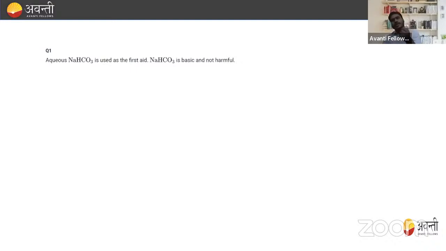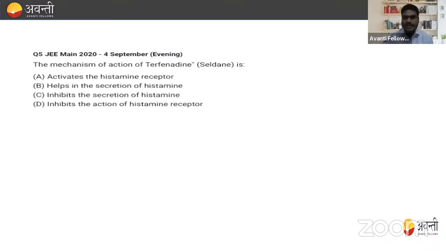We can't apply NaOH directly to the skin because it is corrosive in nature. So aqueous NaHCO3, sodium hydrogen carbonate, is used as the first aid, and it is basic and not harmful. I hope is it clear?